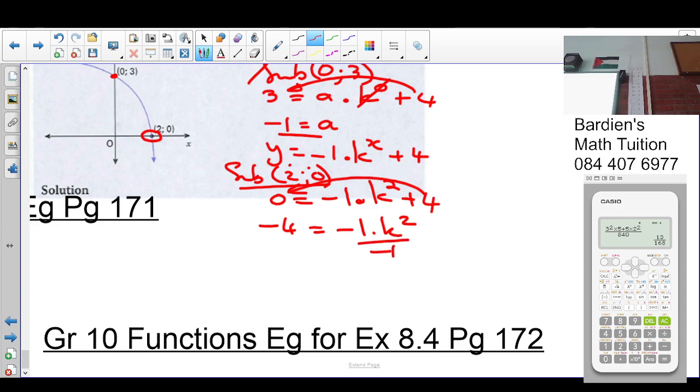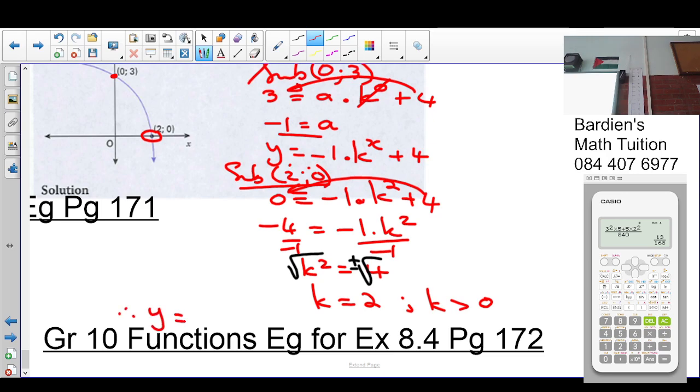Divide by negative 1. So k squared is equal to 4. Square root. If I introduce a square root, I must not forget plus or minus. But can k be negative here? No, it's always going to be positive. k must be greater than 0. So what's my equation? Therefore y is equal to negative 1 times 2 to the x plus 4.